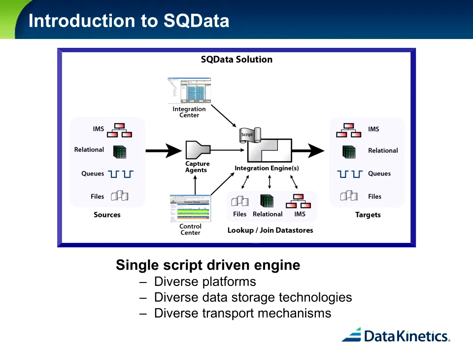Overseeing this is a control center that determines whether the capture agents and integrations are running, whether they're up, what state they're in. And there is also an integration center which helps you build the scripts by being able to read in the various data schemas from either the sources or targets and help you do that data mapping, and provide all those processes to do the data mapping when you're creating the script.